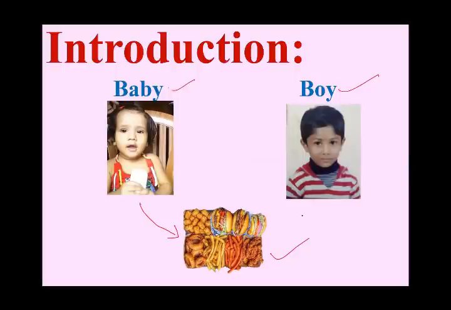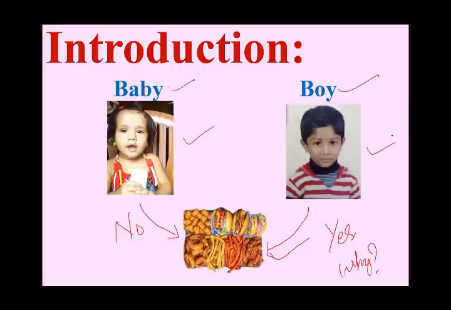Next question is, will this boy be able to eat the food, digest it, and get energy from it? In this case, it will be no. But in this case, it will be yes. But why? Why can this baby not eat and this boy can eat it?